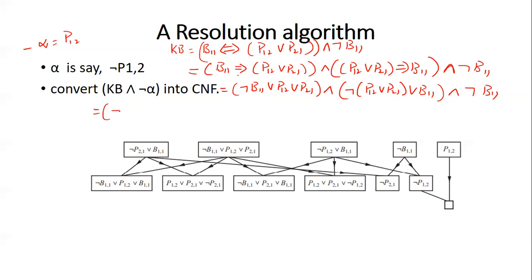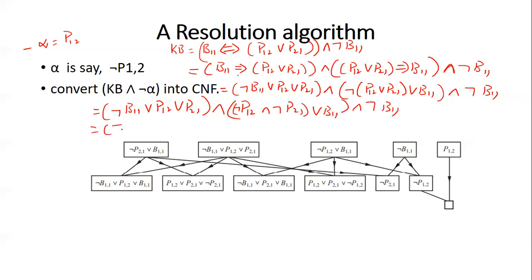So this is not B11 or P12 or P21. Now this not, when it gets inside, it becomes and. So it becomes not P12 and not P21, or B11, and not B11.